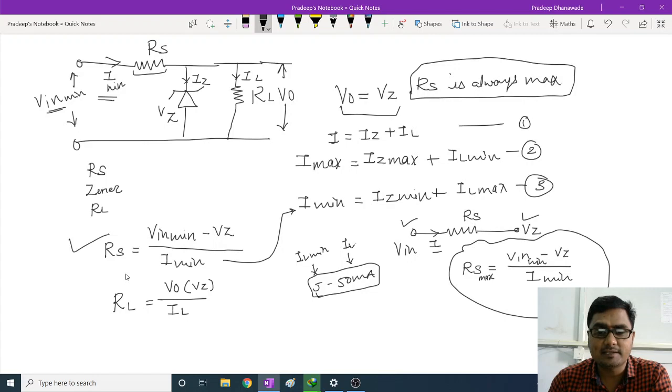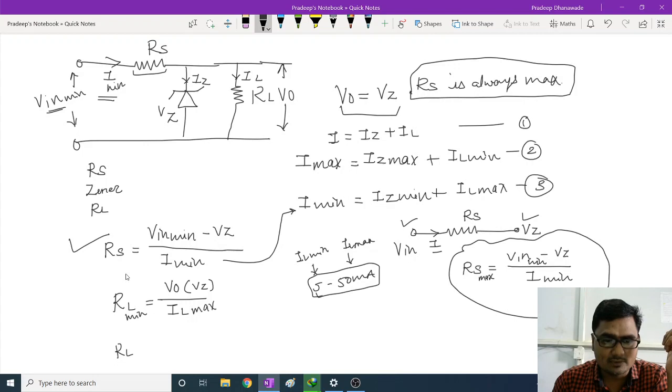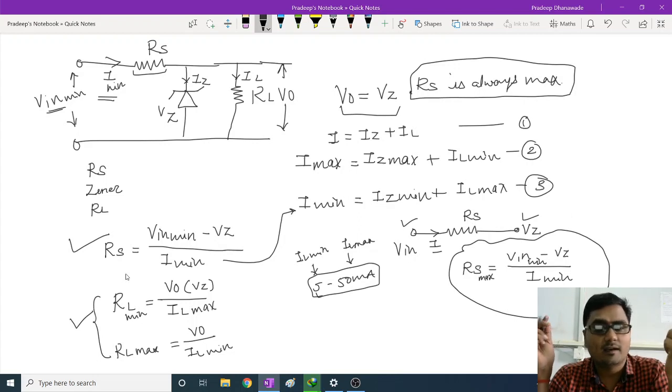If I consider IL maximum, I will get RL minimum. And to calculate RL maximum, I have to consider IL minimum. This is how I can calculate the value of load resistor RL.